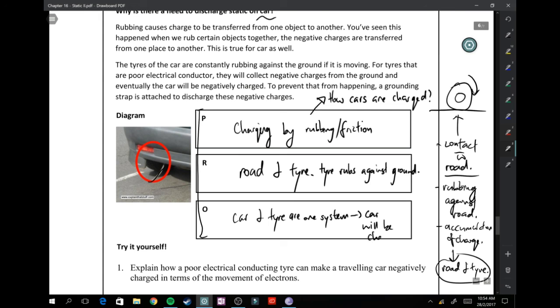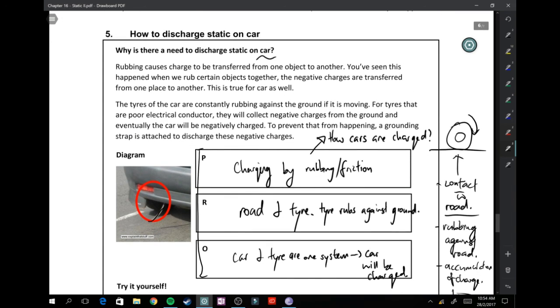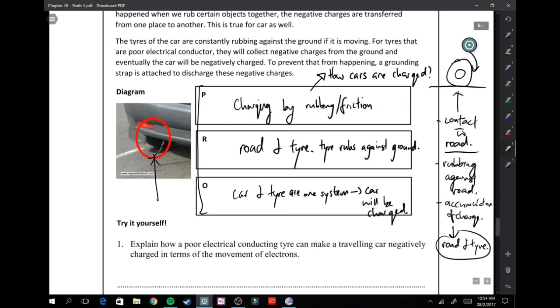So how do we discharge a car then? You realize that in order to discharge a conductor, and you know that the car body is made of metal, if you refer back to static one, all you have to do is to ground it. So there's this name for this wire, it's called the grounding wire or something.